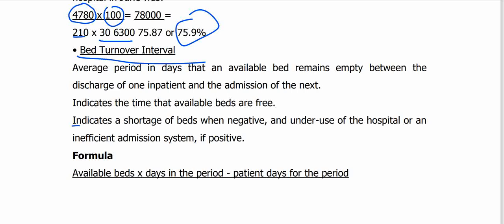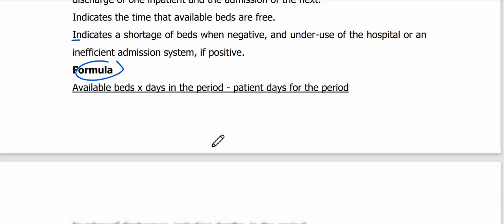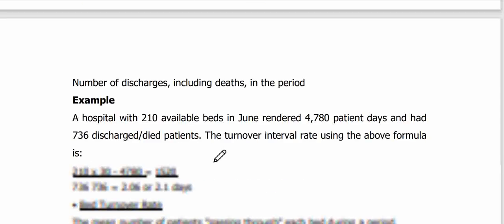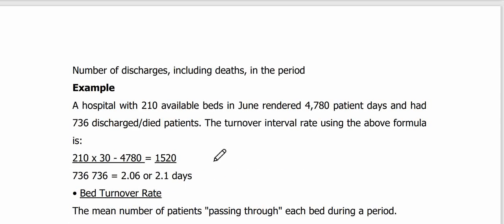It indicates a shortage of beds when negative, and underuse of the hospital, or an insufficient admission system, if positive. So we get a formula right here. The most important thing is, like I said, you need to understand the formula. That's simple: the available beds times days in a period minus patient days for a period, divided by the number of discharges, including death, in a period of time.